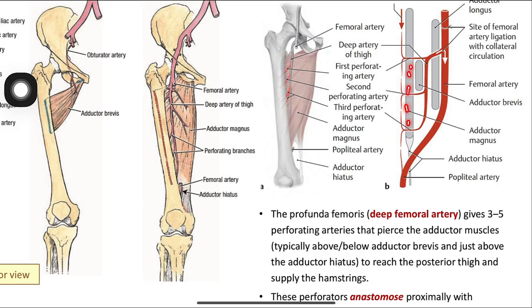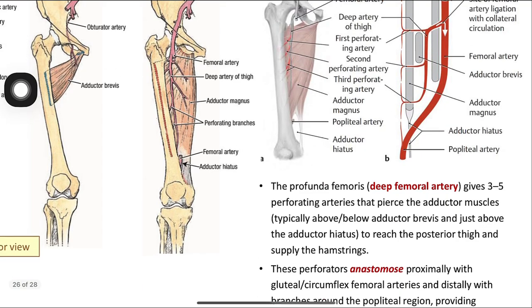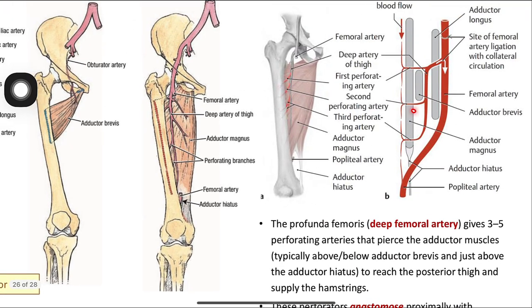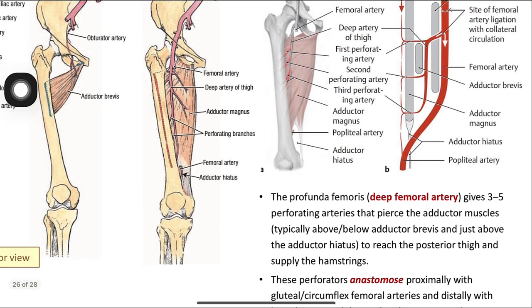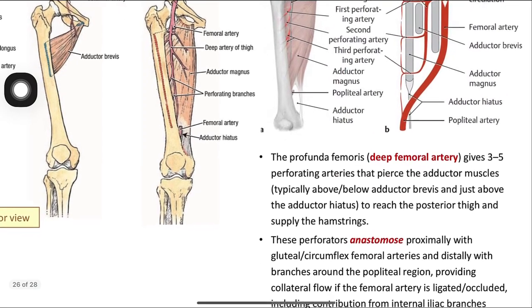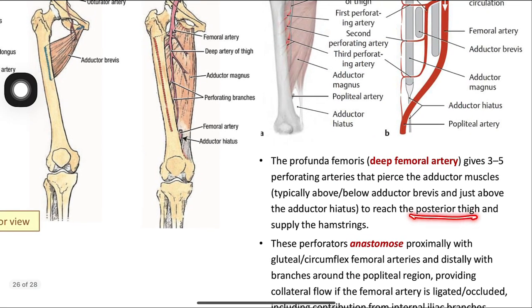So this is the deep femoral artery, and then it further divides into the perforating branches and pierces through the adductor muscles, right? And then it reaches the posterior thigh and supplies the hamstring as well.